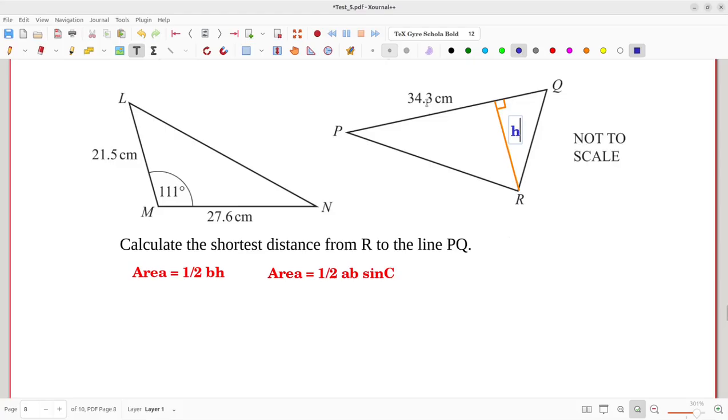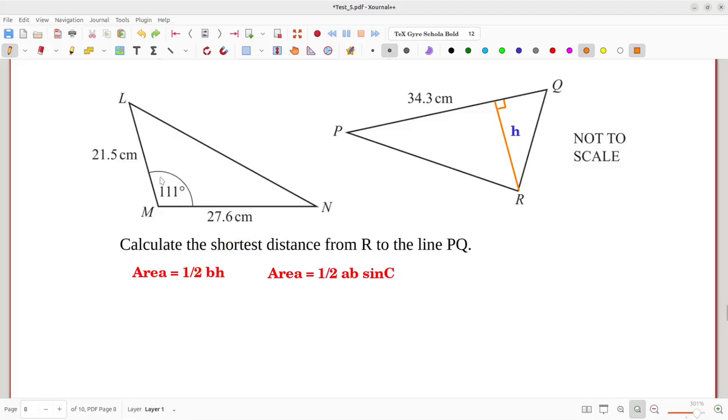Now let's calculate h. From this triangle here, since we are given two sides and an included angle, we are going to use this trigonometric area formula. And then for this triangle, since we have a base and a perpendicular height, we are going to use this formula.